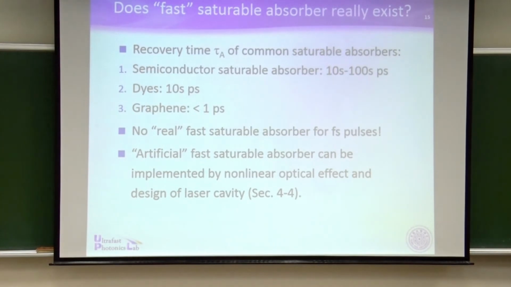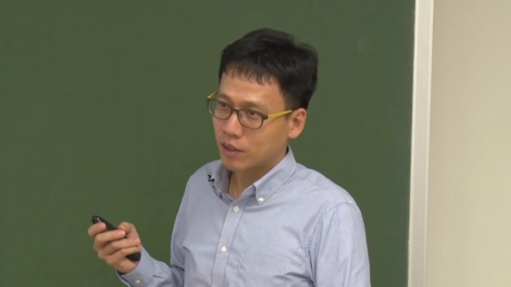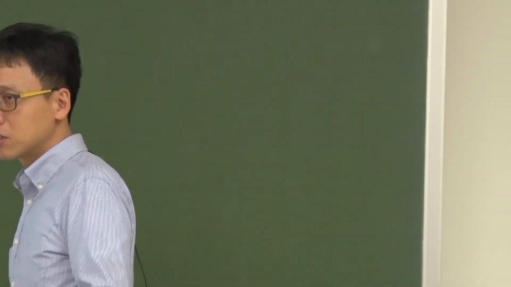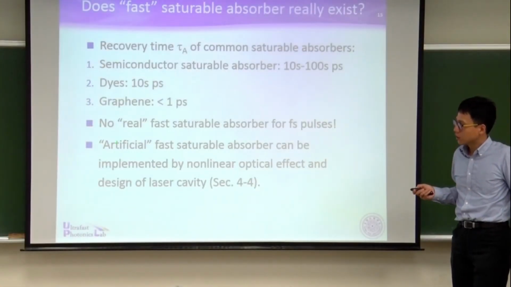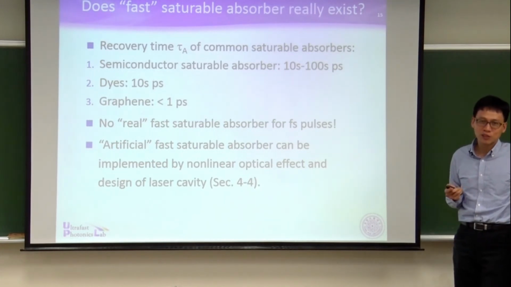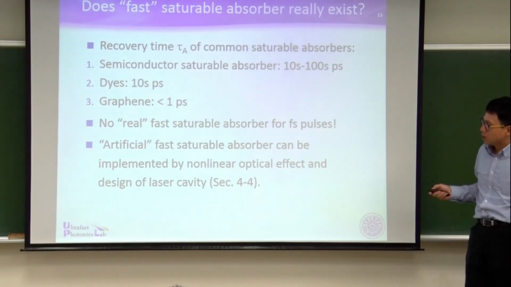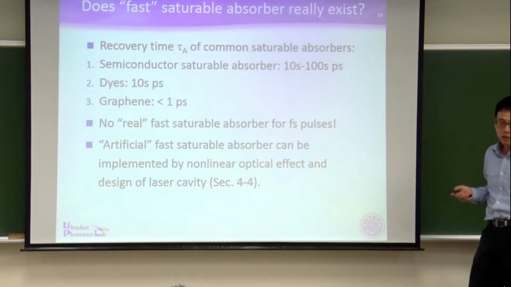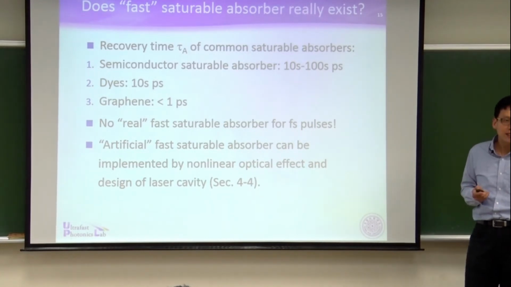So actual materials cannot give you a truly fast saturable absorber, but you can create an equivalent fast saturable absorber, not depending on material, but on the interplay between nonlinear optical effect and the design of laser cavity.